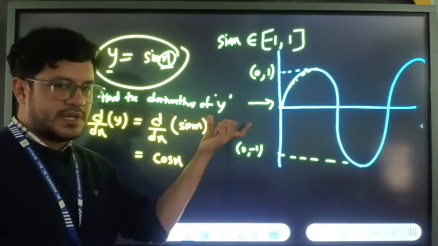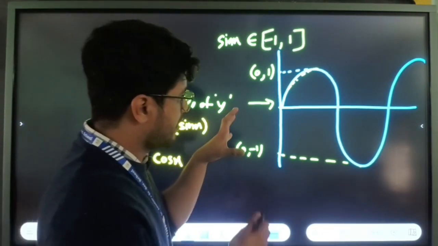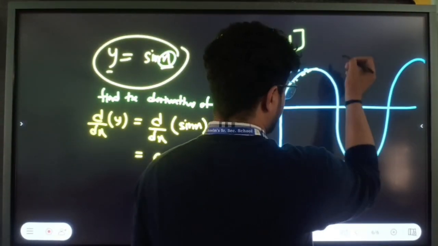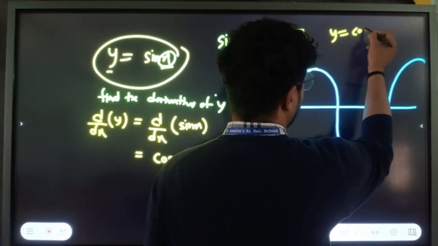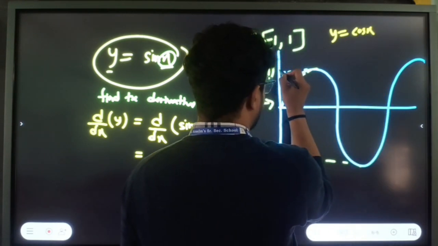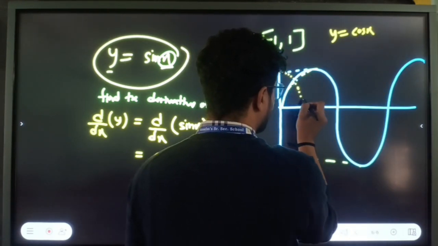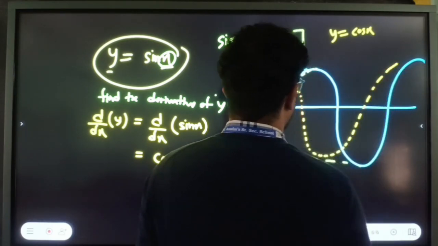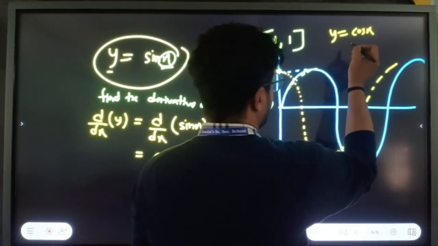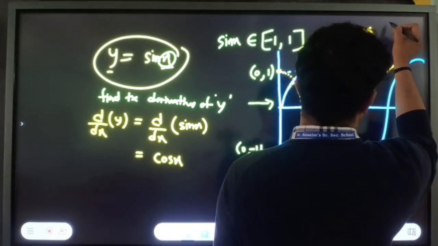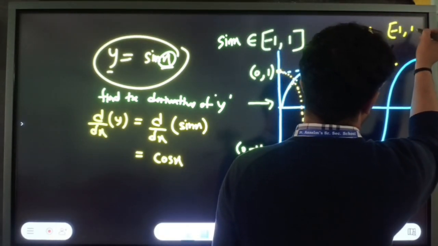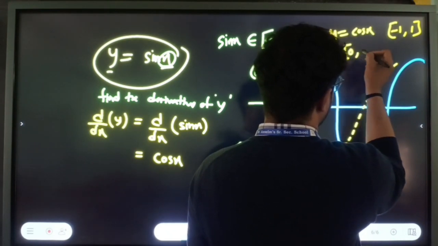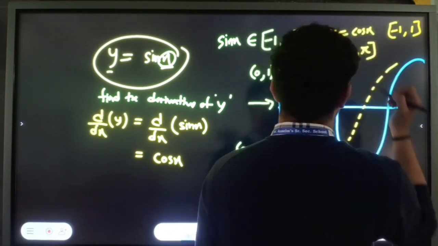Actually, it comes from the graph. Let me draw one more graph on this. The graph of sin x is this, and the graph of cos x starts from 1. Because the range of cos is again -1 to +1, and the domain of cos x was 0 to pi.